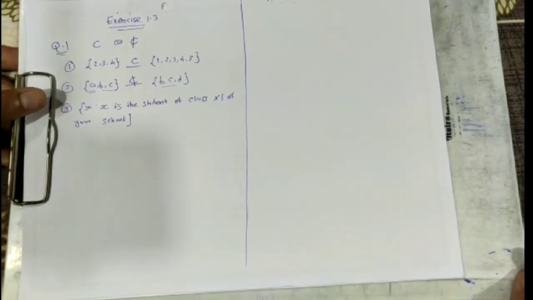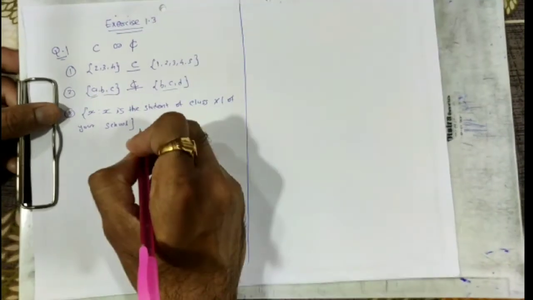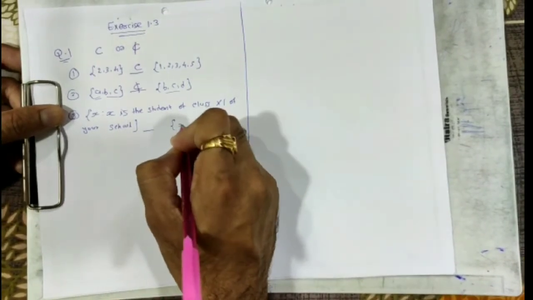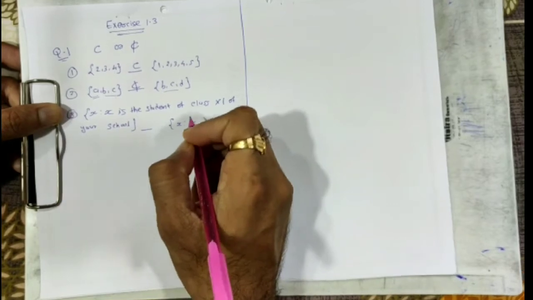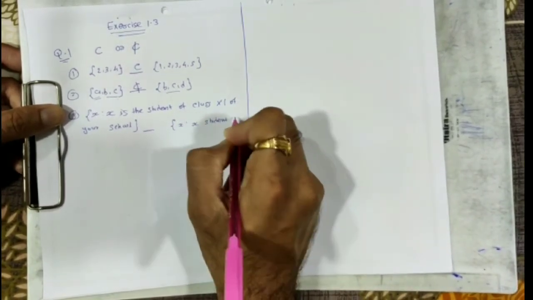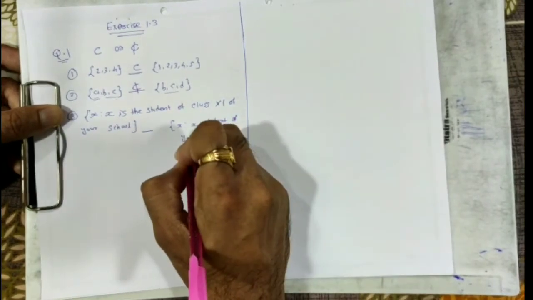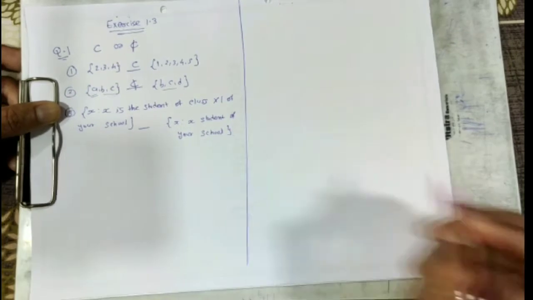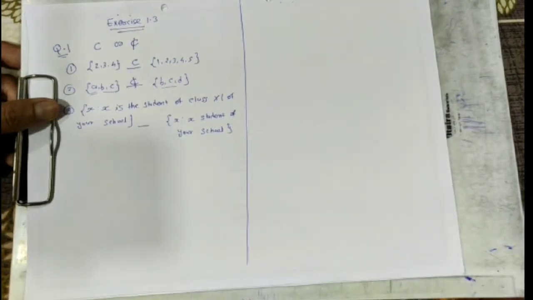The set of all the students of class 11, and another set where x is a student of your school. Let us consider our Sanskar Bharati school and class 11 science.